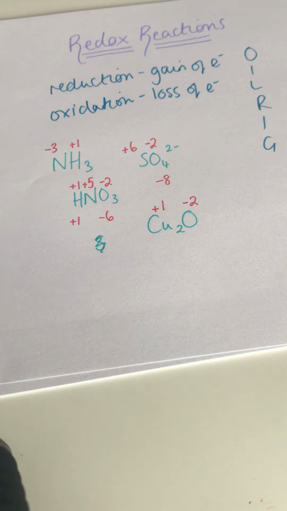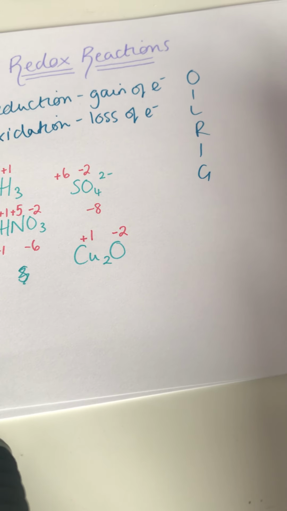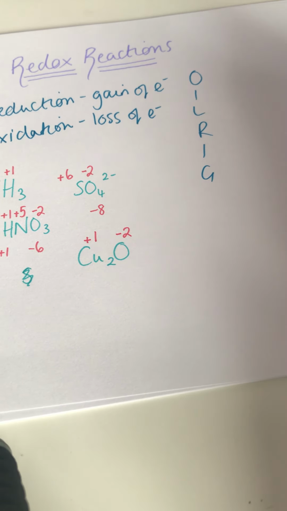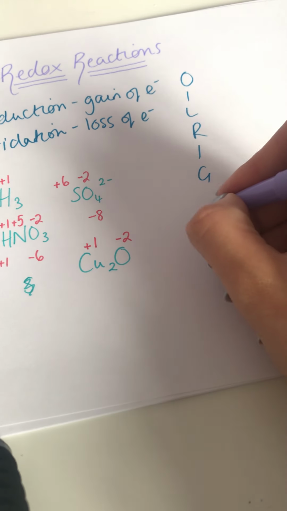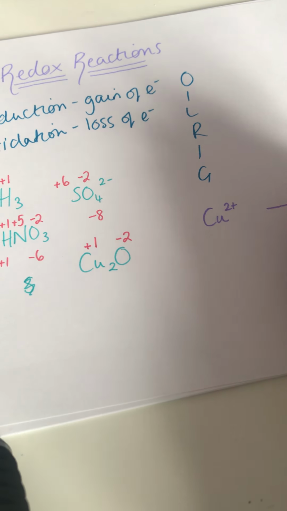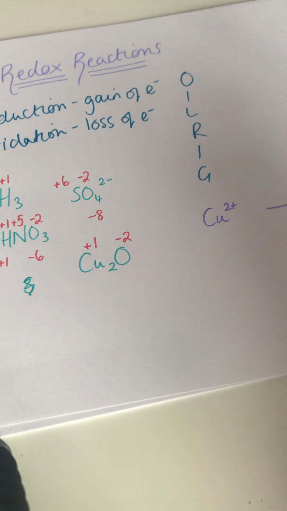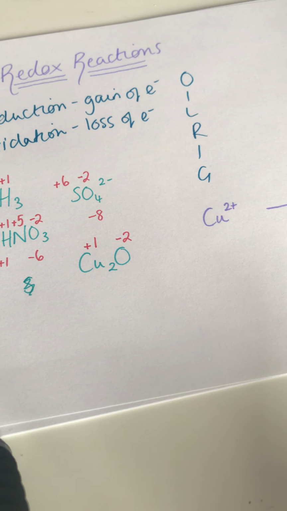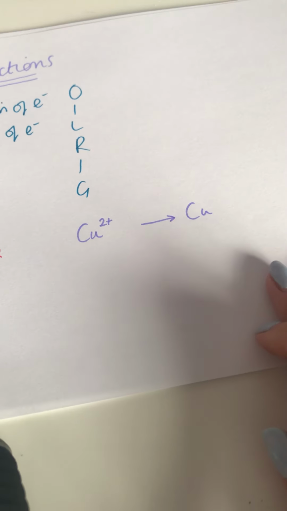So if I want to write a half equation for the conversion of copper 2+ into copper, the first thing we need to do is identify whether or not it's being oxidized or reduced.